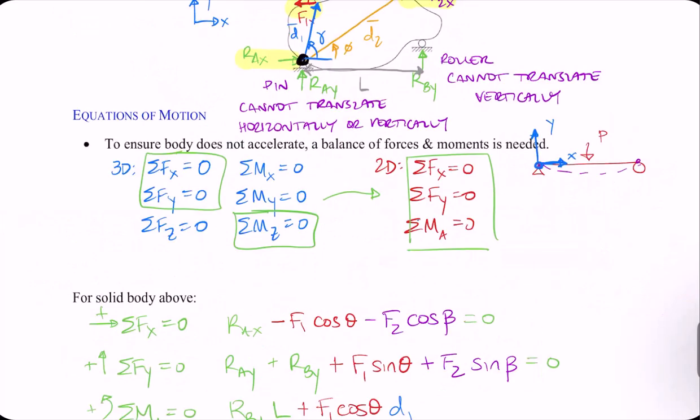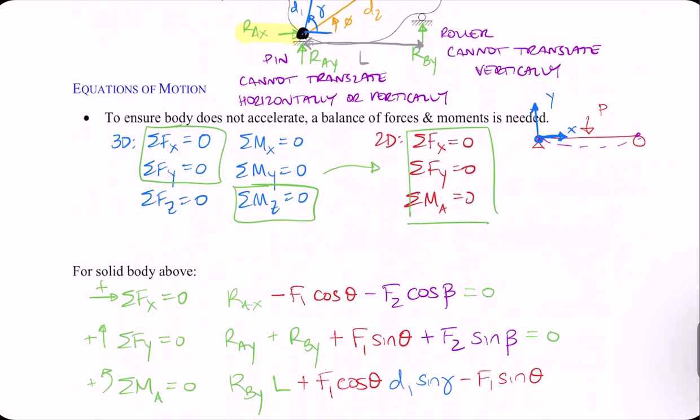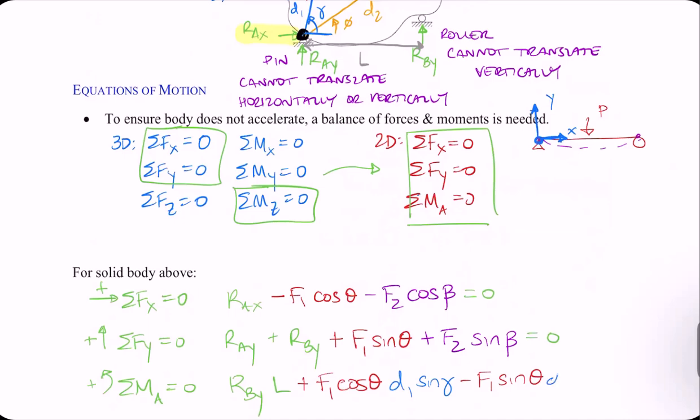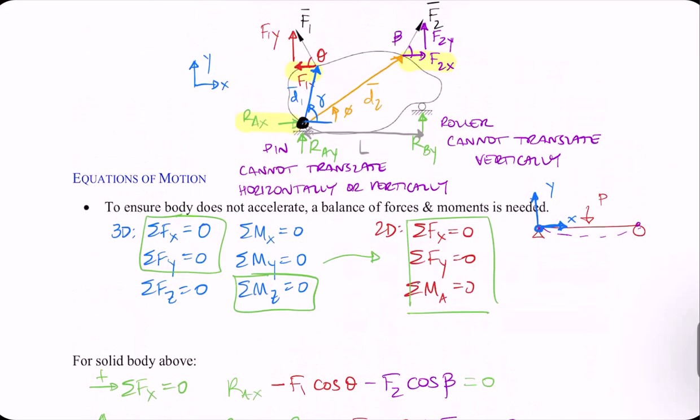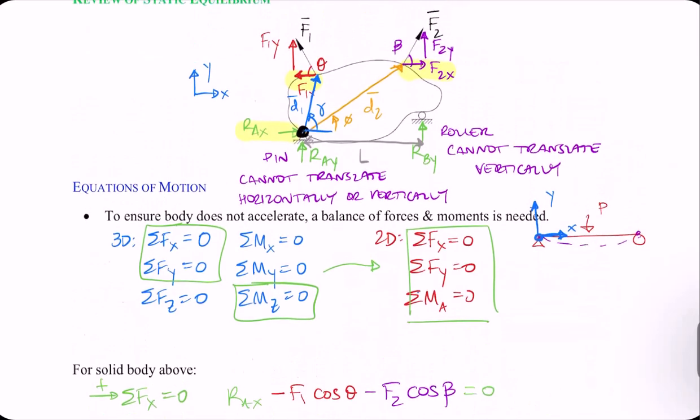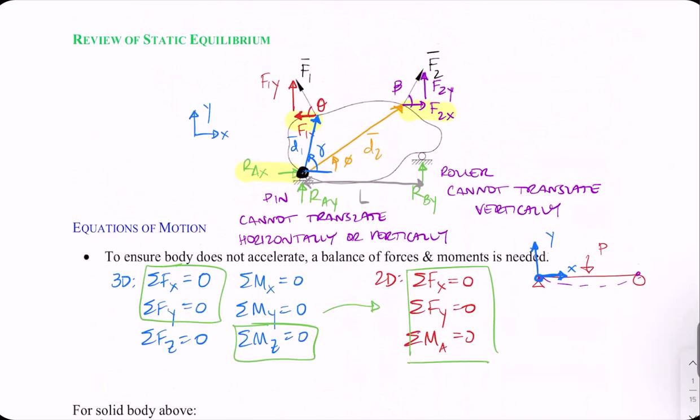I want the vertical component, so that would be opposite, so this will be sine gamma. Then I have F1 sine theta, so the y component, times D1 cos gamma. So that's the moment from my F1 vector.